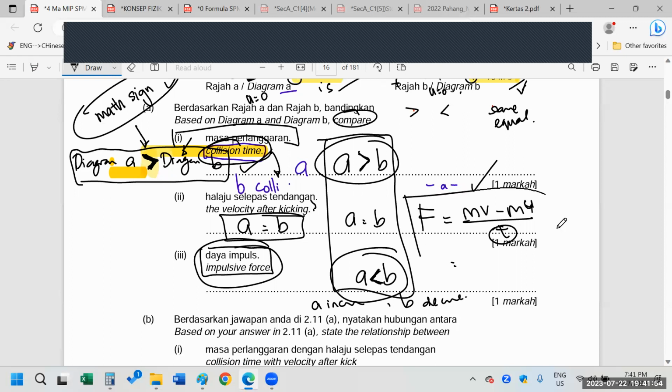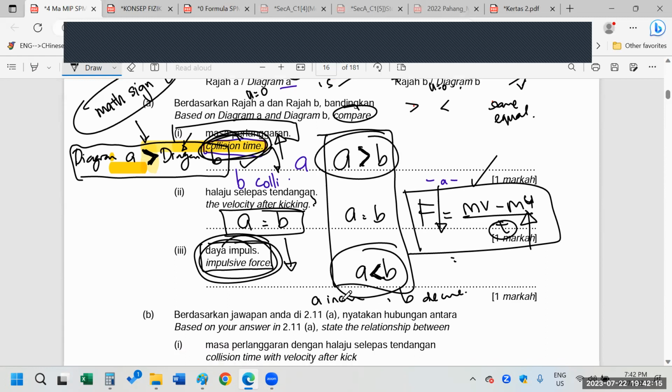Or from the formula we also can see that T increases, F decreases. So I mean collision time increases, impulsive force decreases. When you see, their signs are opposite, so they are terbalik.